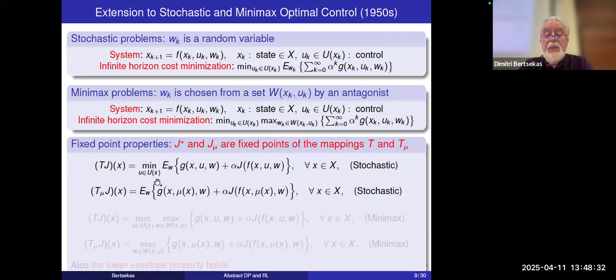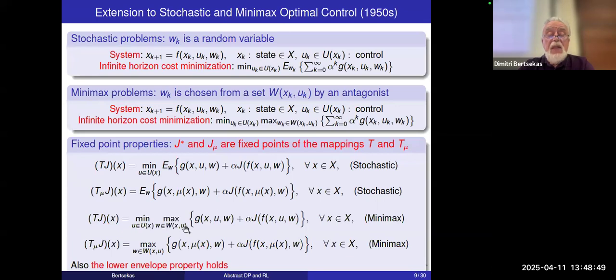The mapping T involves the expected value over w, and for T mu, for a stationary policy, instead of the minimizing u, you just plug in the mu value, okay? So this is for stochastic problems. And for minimax problems, instead of expectation, you use maximization. And by the way, the lower envelope property still holds. T is the minimum of the T mus. And so a lot of the structure that I gave in the previous slide is preserved.